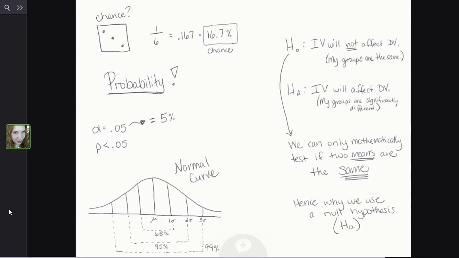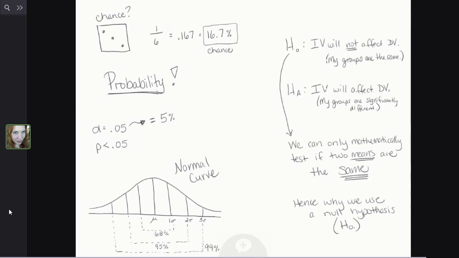Okay. Because of that, mathematically, we are testing something that we call a null hypothesis. It's related to the one we've been writing, which now I'm going to give a name, called the alternative. Some people may call it something different, but this is the name I like to use, because then I get to call it the HA. The HO is actually like a nothing. That's null. That's why we put an O there. And basically it is the opposite of what we said up here. So basically the IV will not affect the DV.